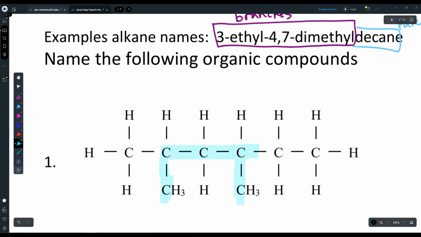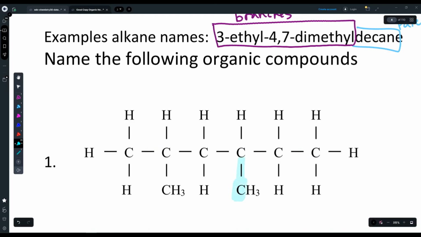Well, that's not the longest continuous chain. Could I have gone like this? So this has 1, 2, 3, 4, 5, 6 carbons in it. So I've kind of tied with what I originally have. So you could use this as your parent chain name. You will still get the same exact name that you will get when you use this as your parent chain. Okay.